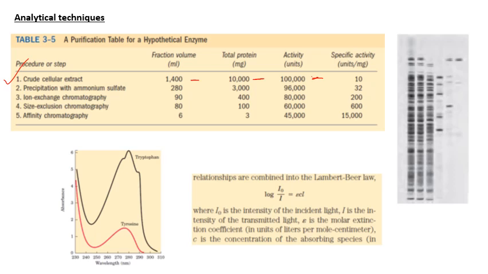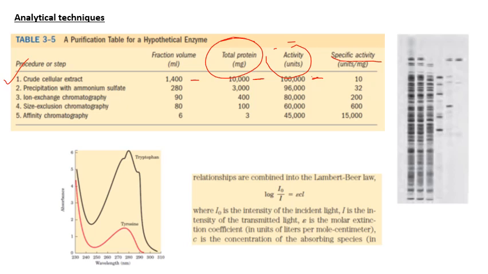So I do that reaction and I measure the total activity I have of that enzyme in the crude extract that I have got from the tissue of this particular animal. And then what I get is a specific activity, which is nothing but the total activity divided by the total protein. So it basically tells you how much activity you have per molecule of the protein that you have in your extract.